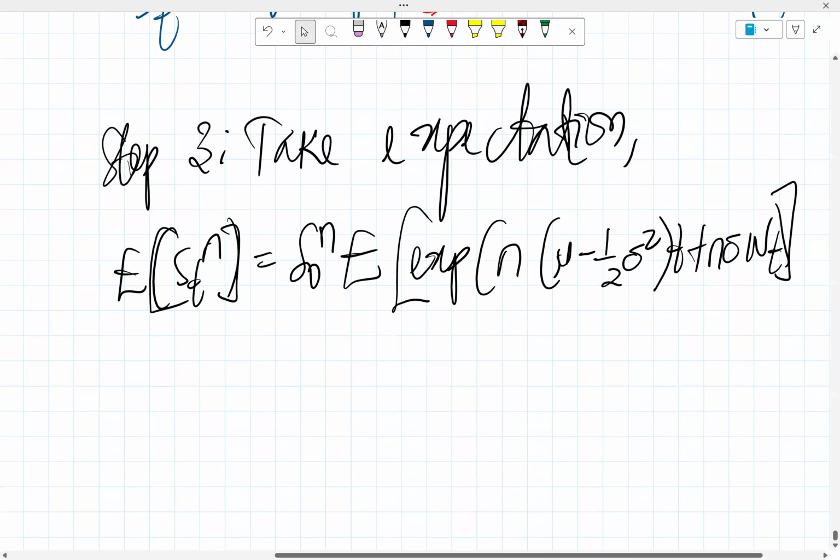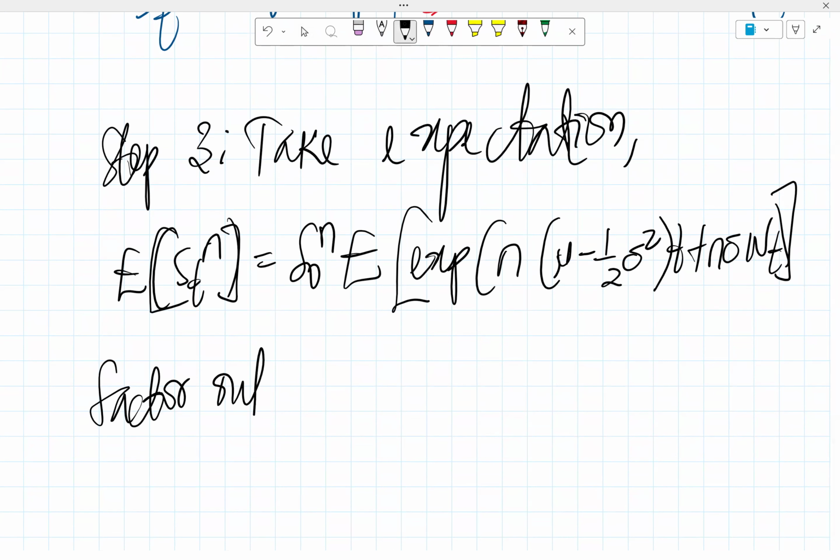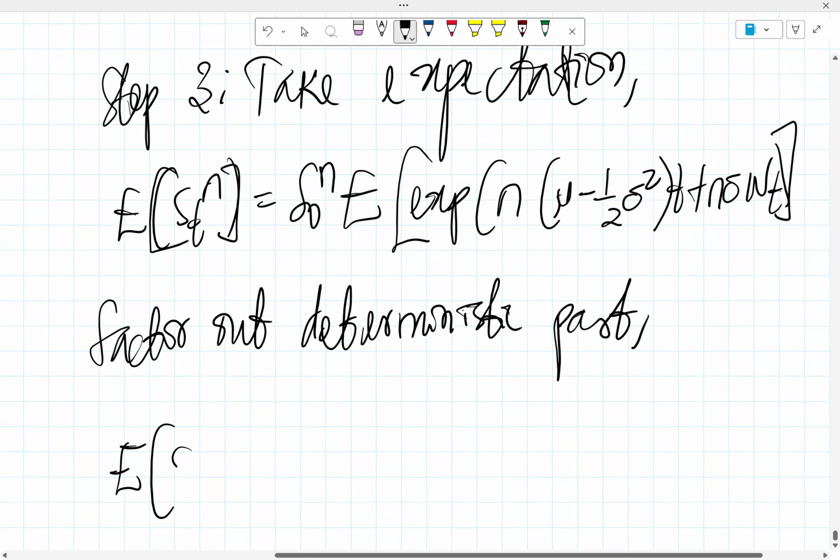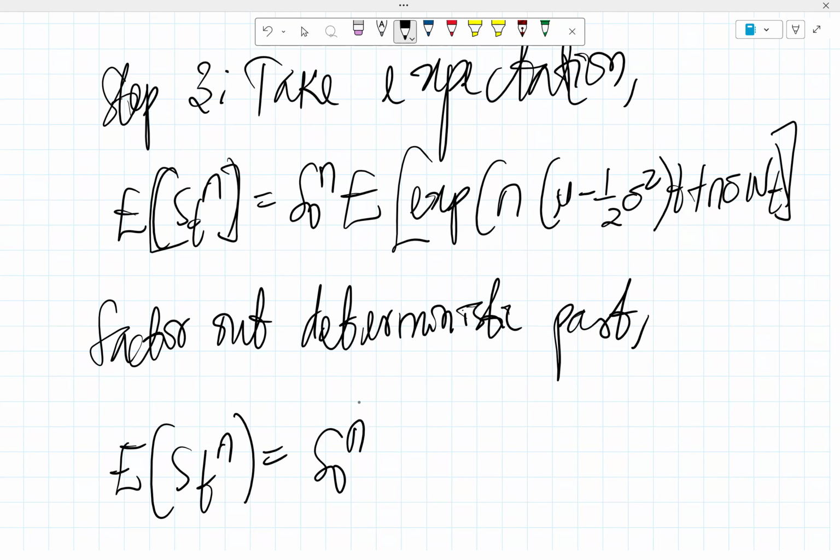Okay, so we factor out the deterministic part. If you factor that out, that means the expected value of S_t raised to power n is equal to S_0^n times, for the deterministic part, the exponent, which has nothing to do with the Wiener process, right? The expected value is only going to affect the Wiener process.